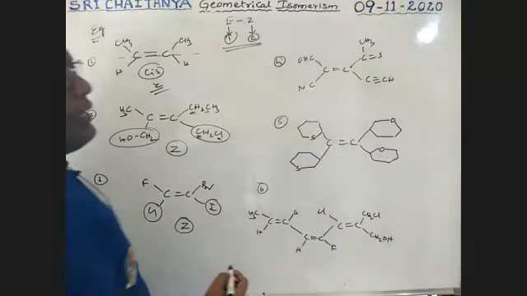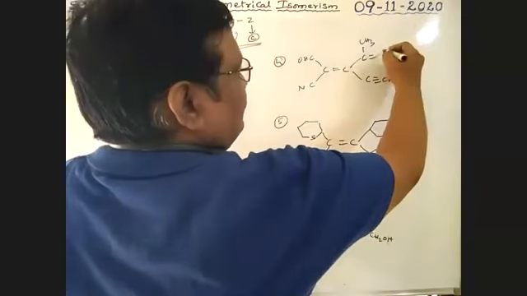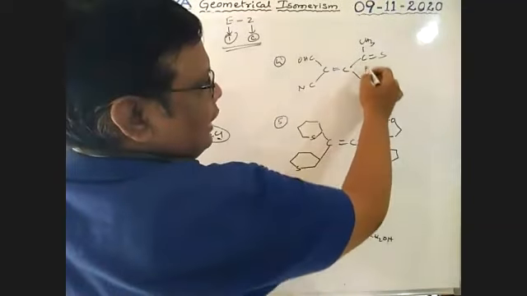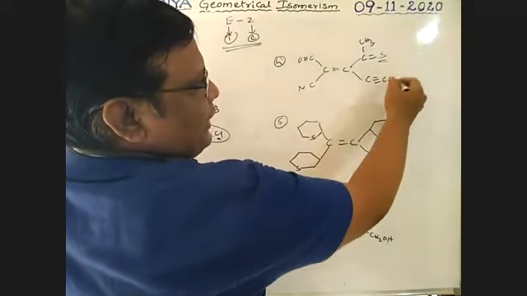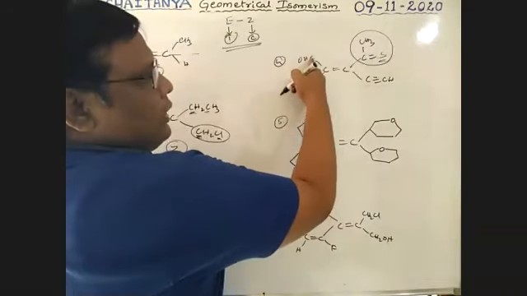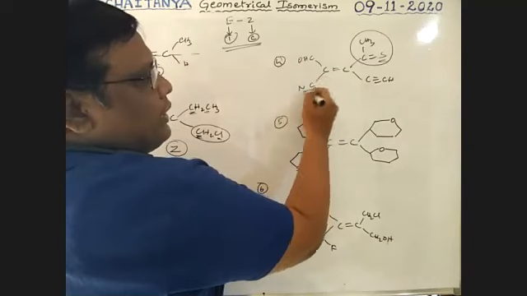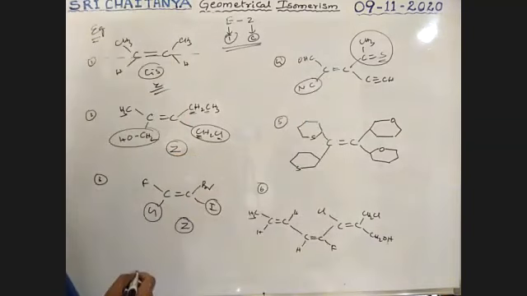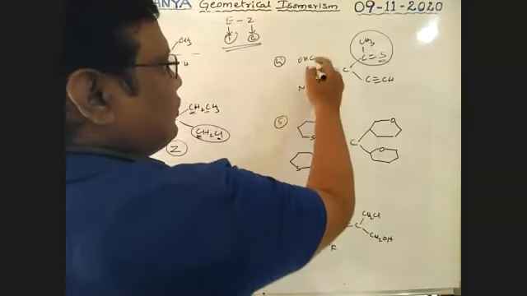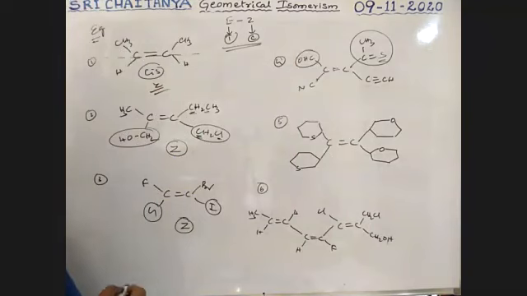Next, see here. C double bond C. Next sulfur, here carbon, so it has more priority. Next, carbon with oxygen, here carbon with nitrogen. Sorry, oxygen has the higher atomic number than nitrogen.